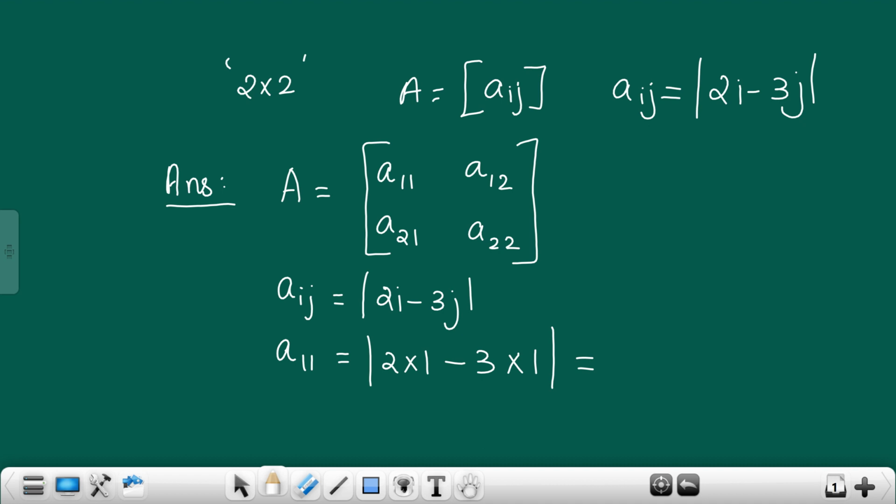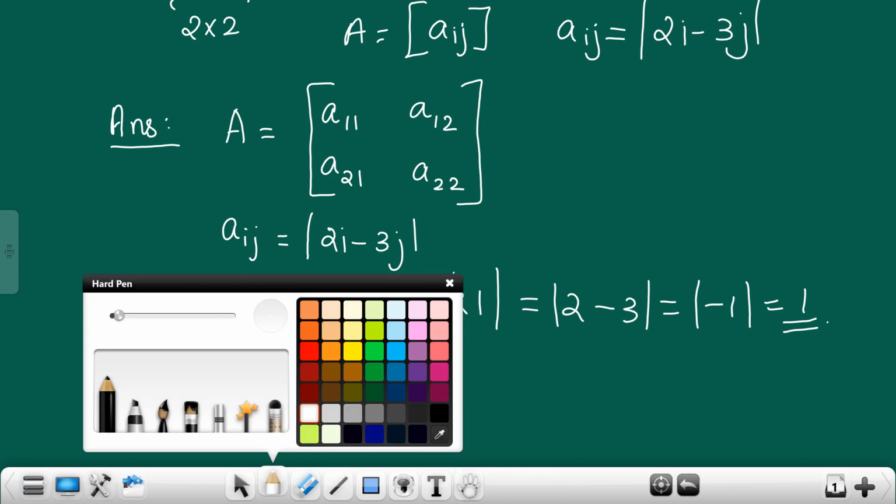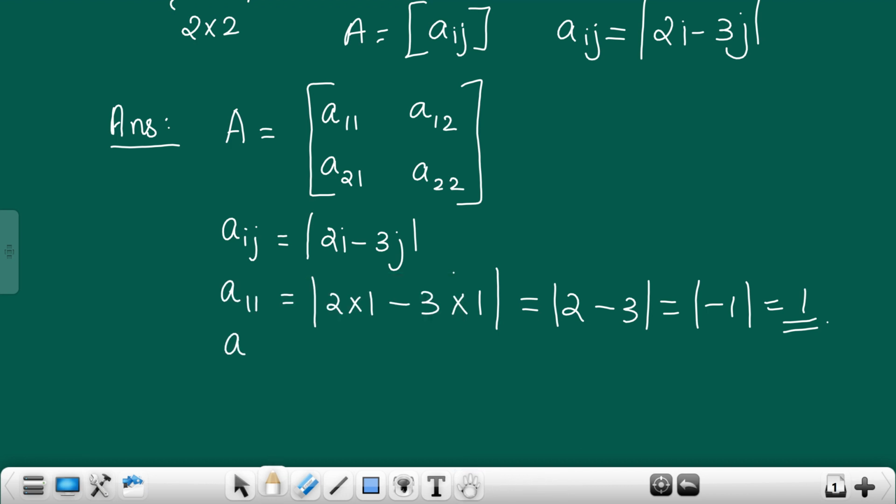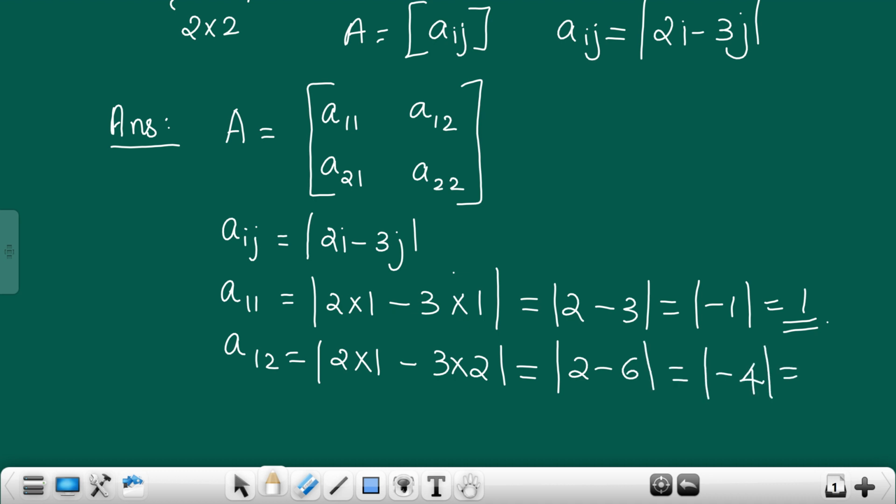We get 2 minus 3 equal to modulus minus 1, which equals 1. Next one, A12. Modulus 2 into 1 minus 3 into, here 2 is instead of j, so 3 into 2, which is equal to modulus 2 minus 6, which is equal to modulus minus 4, equal to 4.